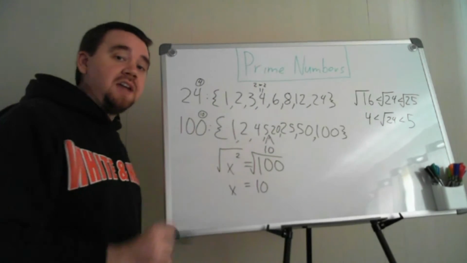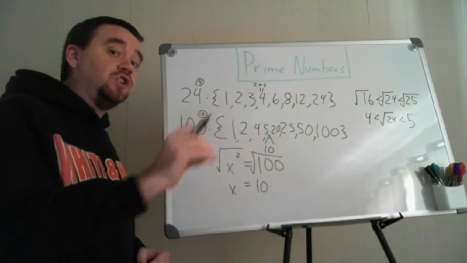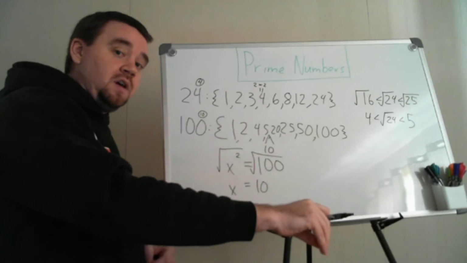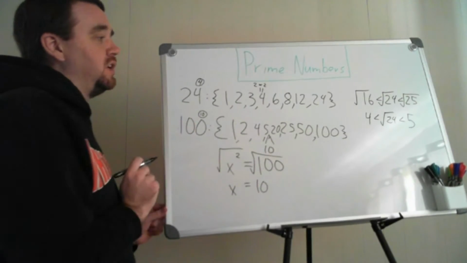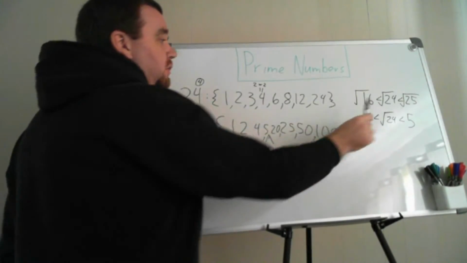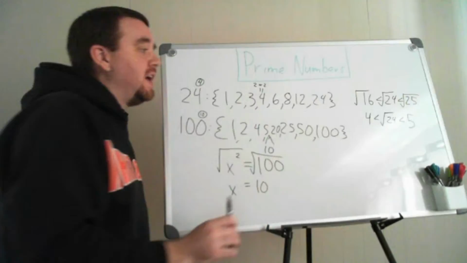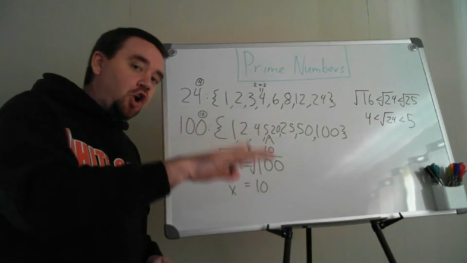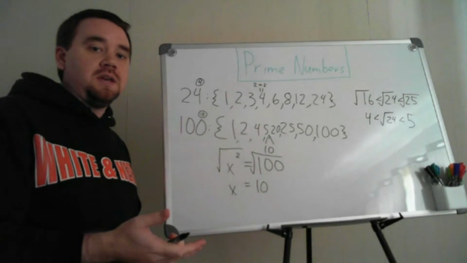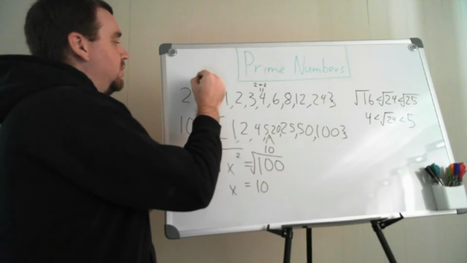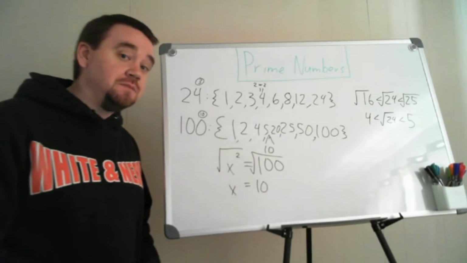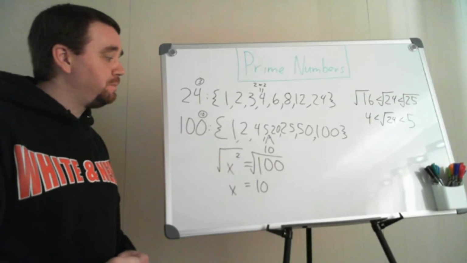And so really, I just needed to check up to the largest prime number that was less than or equal to the square root of my initial number, 24. Well, my square root of 24 is somewhere between 4 and 5, but 5 is too big. So what's the largest prime less than 5? Well, that's 3. So I only really need to check on prime factors up to 3. So my magic number gets even smaller, less things to check.